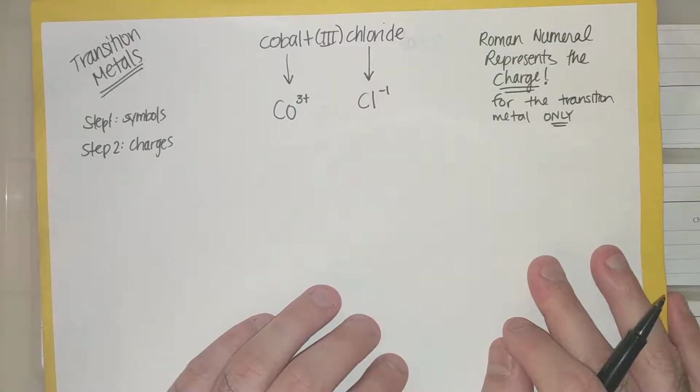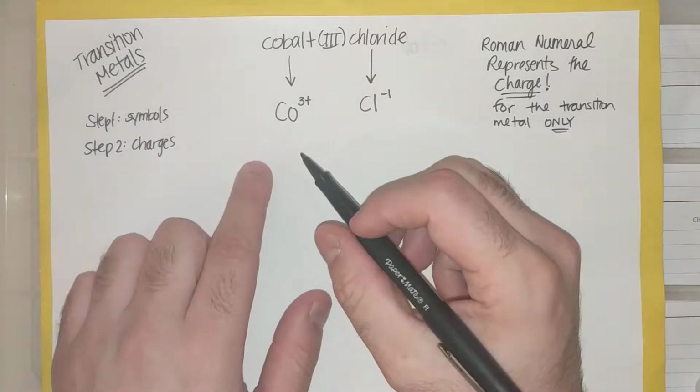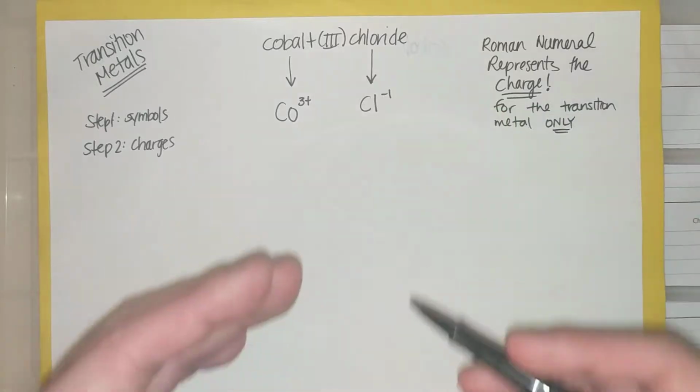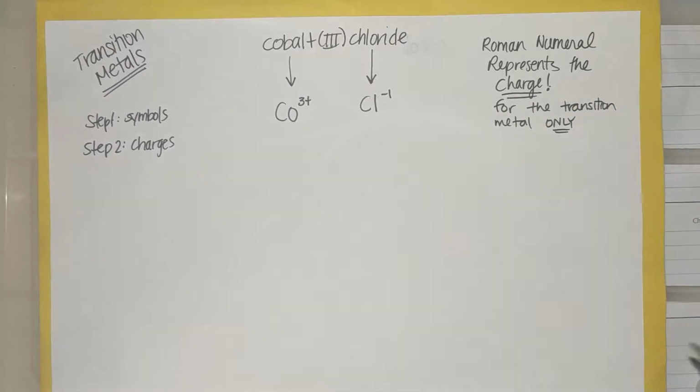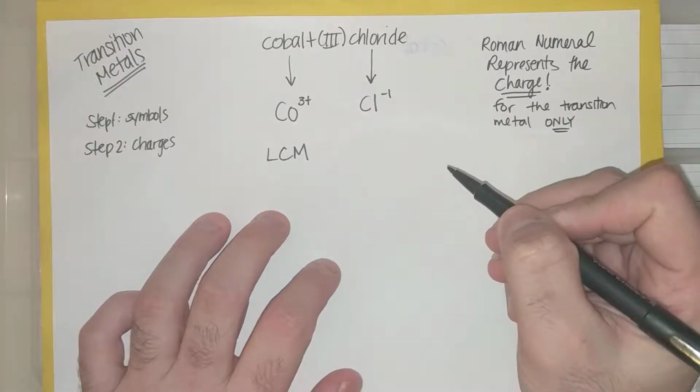Now, I like using this method, but what I want to figure out is how many of each ion I need so that the sum of the charges equals 0. So I like to use my least common multiple idea here.